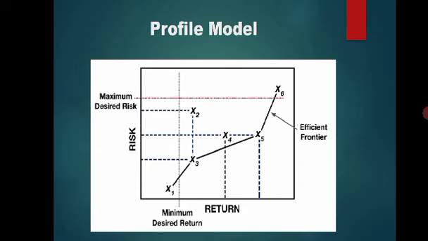And the risk for project 4 and project 5 is the same, but the return for project 4 is lesser than project 5. And since the objective is to select a project with higher return, or to maximize return, you go for project 5. So project 2 and 4 will not be selected.